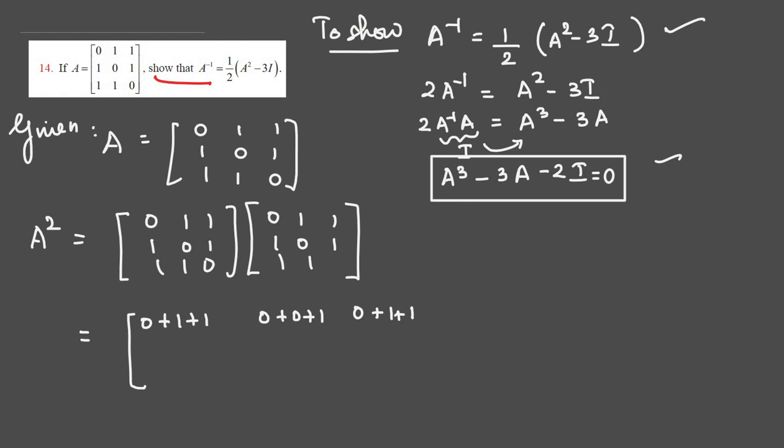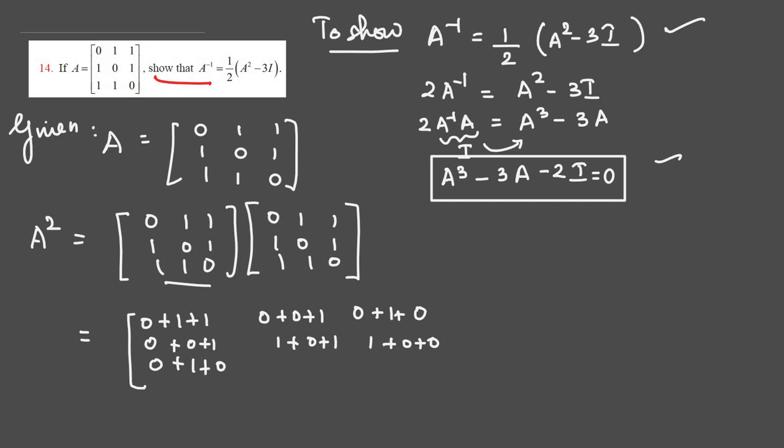Second row, first column will be 0 plus 0 plus 1. Second row, second column, 1 plus 0 plus 1. Second row, third column, 1 plus 0 plus 0. Third row, first column will be 0 plus 1 plus 0.